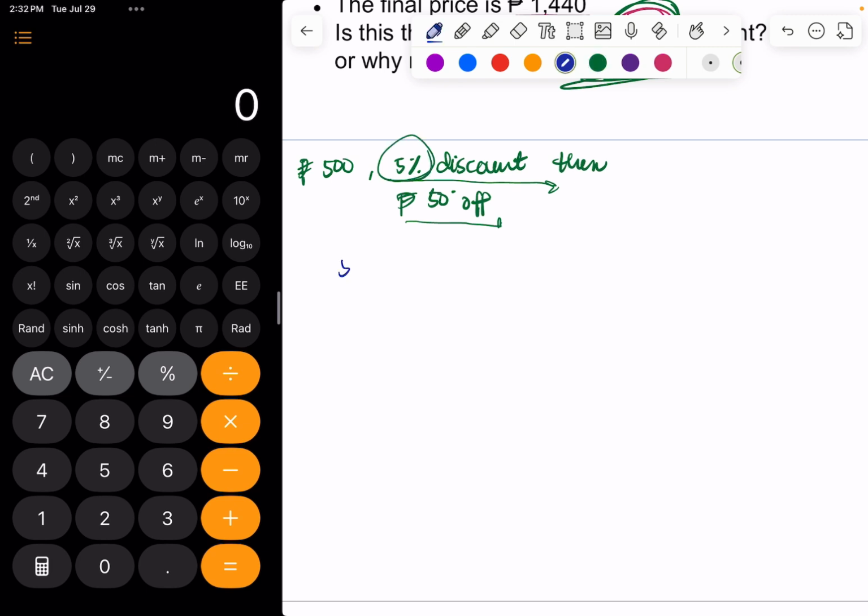So how to do that? 500. Apply the 5%. So 1 minus 0.05. So 500 times 0.95. Ang bayadan na lang nimo kay 475 pesos.